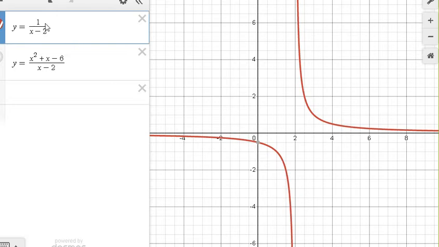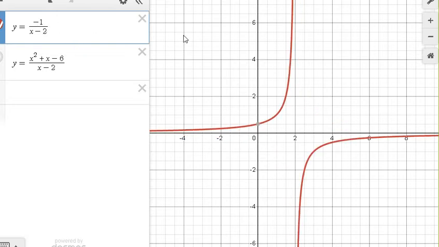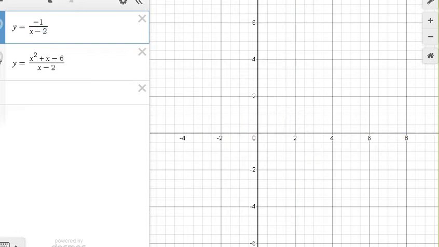I could flip that around just by changing the sign there. But either way, you usually get some crazy behavior when you divide by something that's getting close to 0. And as x gets closer to 2, this denominator is going to get closer to 0. So strange things are happening. But when I look at this graph, I don't see that kind of behavior.